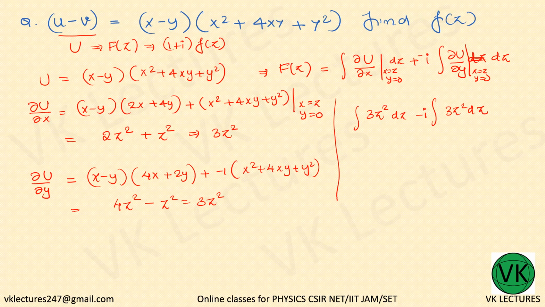So this is z³ minus i times z³. Now this is equal to capital F(z). Now we need small f(z), that's equal to capital F(z) divided by 1 plus i.